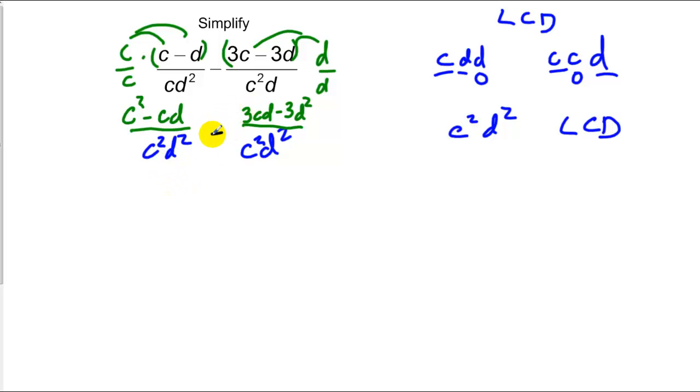I notice once again I'm subtracting more than one term. I rewrite. So I subtract the quantity of 3CD minus 3D squared. Note the invisible 1 that needs distributing.